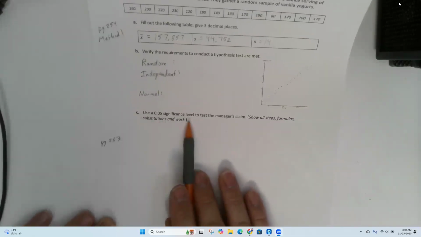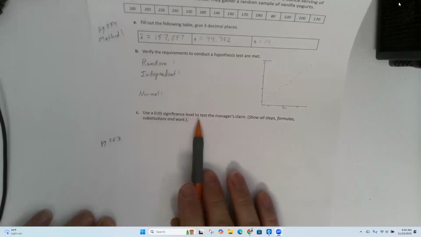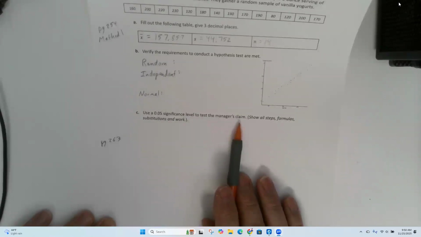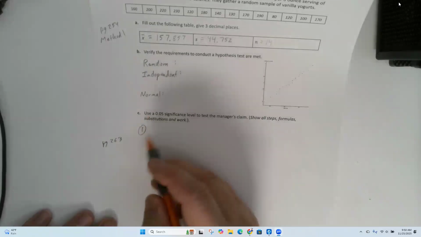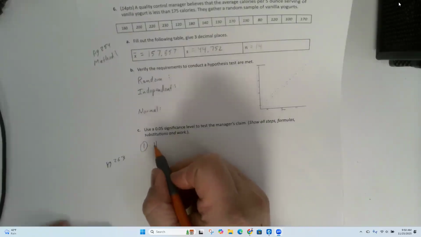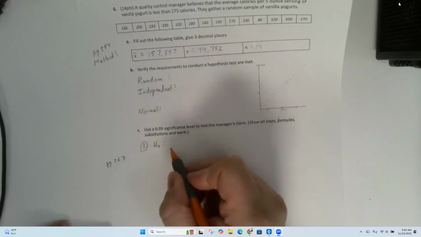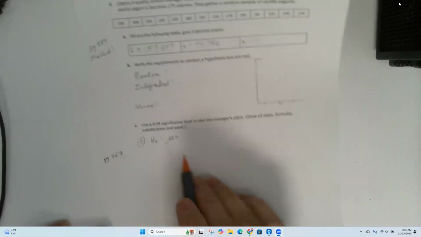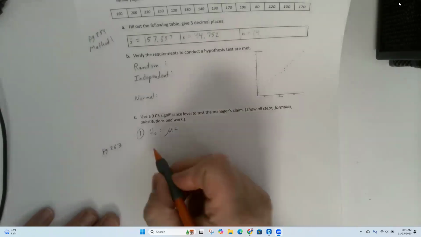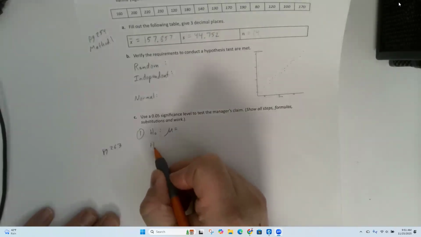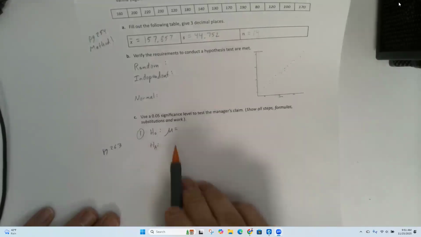So, use a 5% significance level to test the manager's claim. So there's 6 steps on page 263. The first, we write out our null hypothesis. And it's always going to be mu equals or p equals, depending on whether you're testing a mean or a proportion.